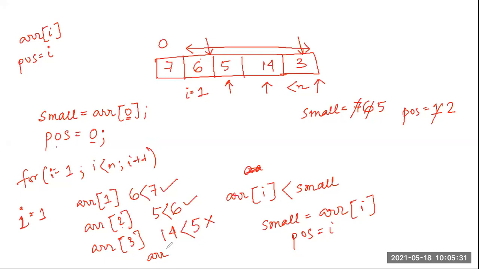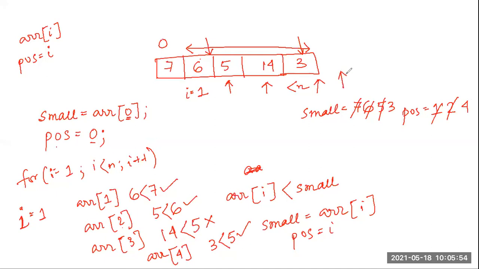Again it will come. ARR 4. What is there in ARR 4? 3. Is 3 less than 5? Yes. Since 3 is less than 5, I will update the value 3, and since this is the position, I will update the index position also. Again I plus plus will point here.